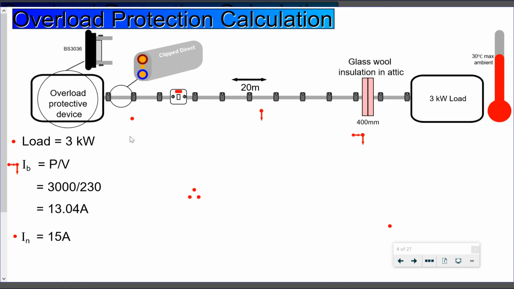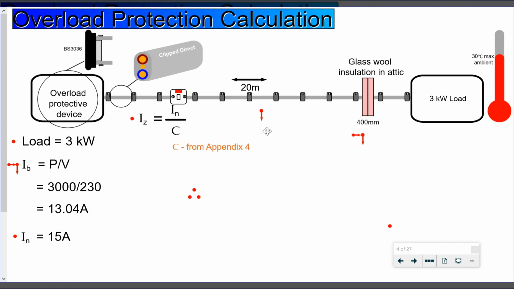Beyond that, we then have to calculate this clipped direct flat twin and earth cable's minimum current carrying capacity, IZ. So how do we calculate IZ? Well, we take the nominal value of the overcurrent protective device and divide it by correction factors that we find in Appendix 4, Section 3.